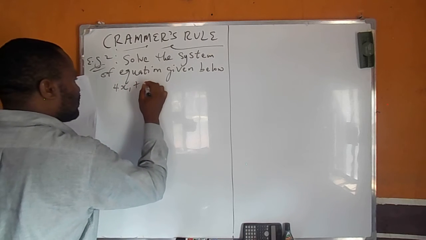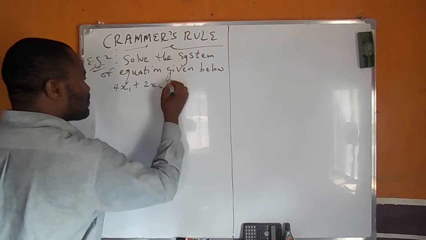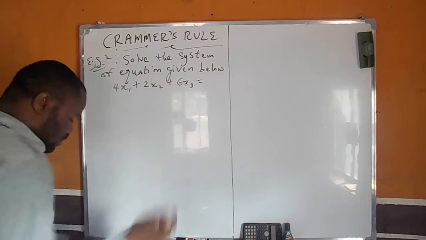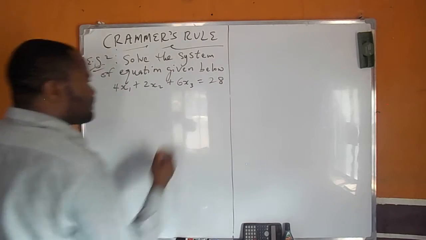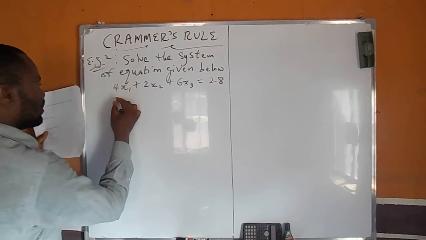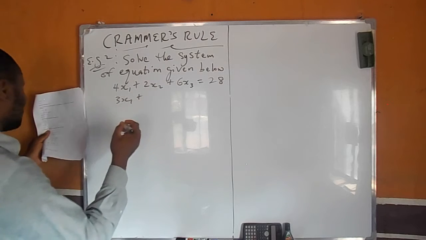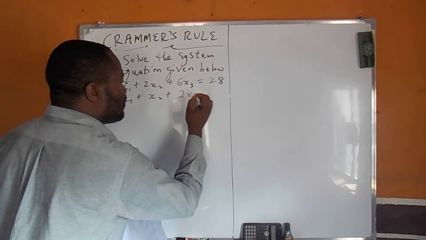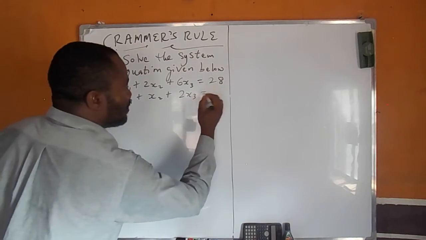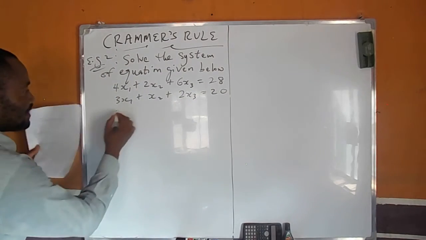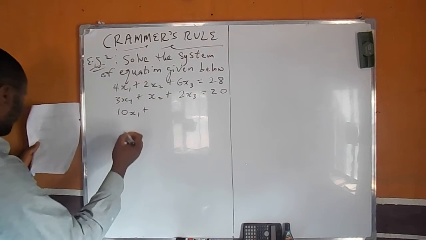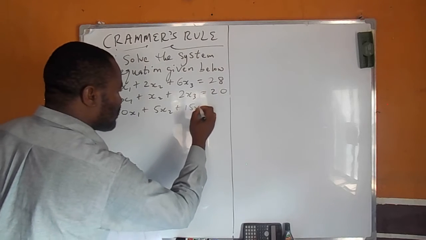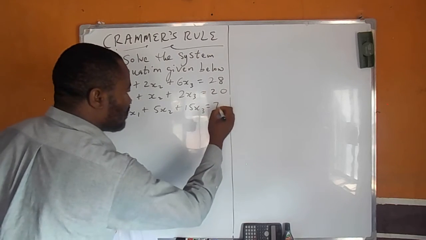4x1, 2x2, 6x3 equals 28, followed by 3x1 plus x2 plus 2x3 equals 20.